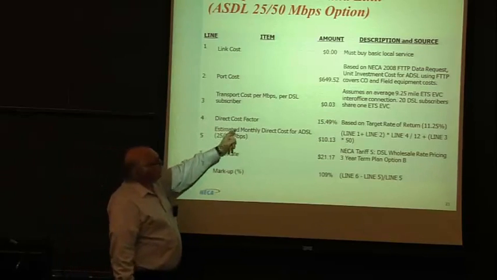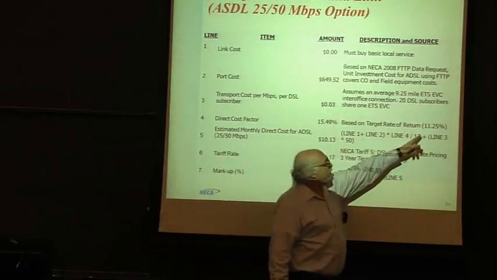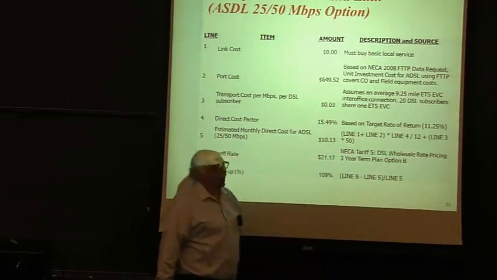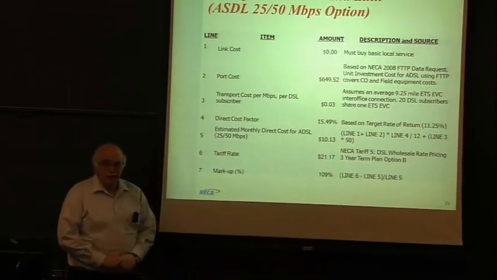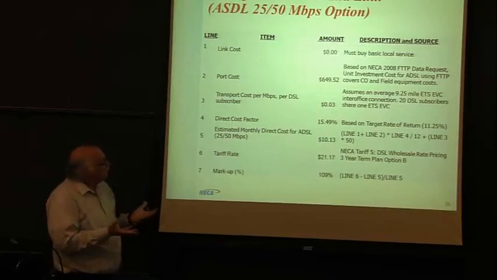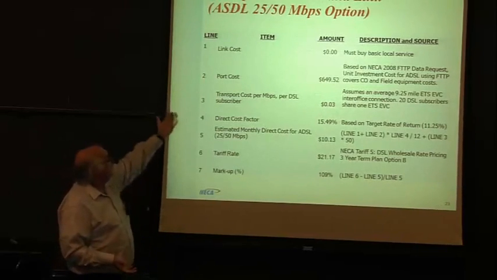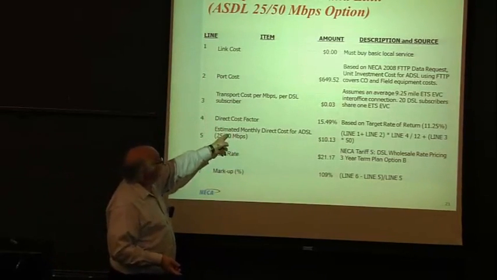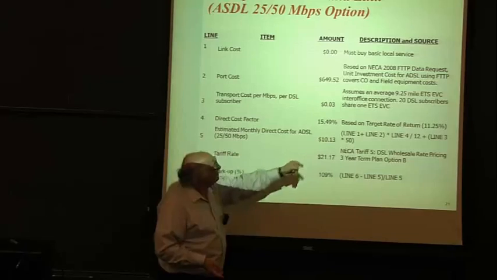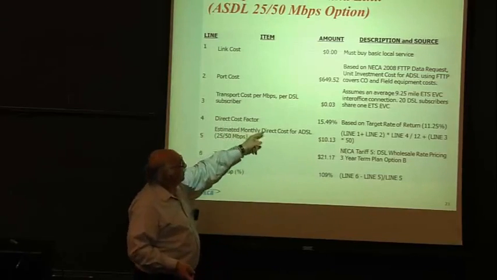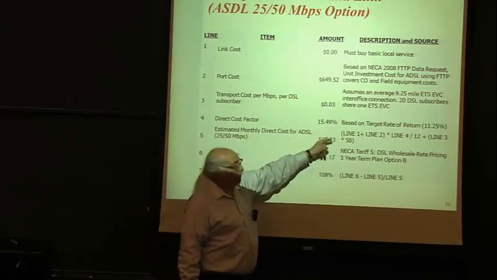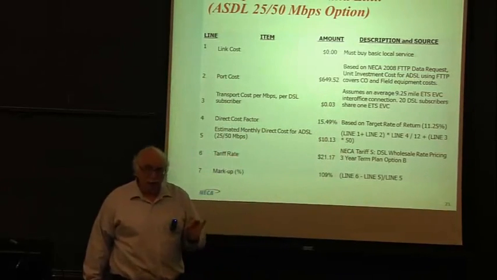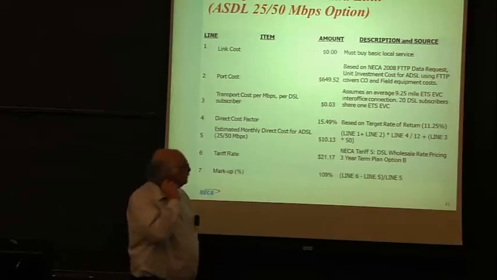And you remember the direct cost factor? There's a return to investors, plus a little bit extra for operating costs. That's 15.49% per year. So now we take all of this together. We take the direct investment, that's line 1 and line 2, times line 4 divided by 12, the direct cost factor, divided by 12 to make it a monthly charge because the rate of return is per year.